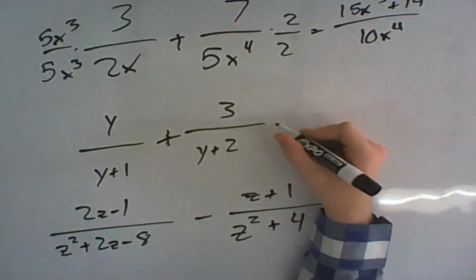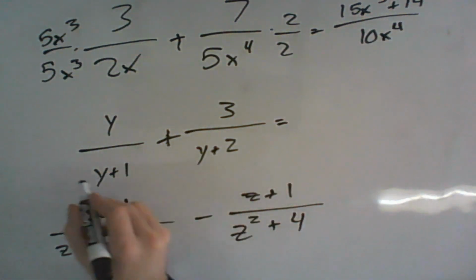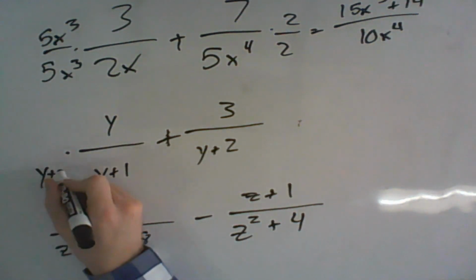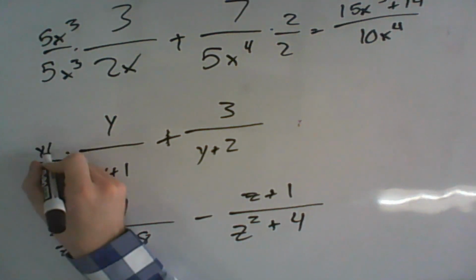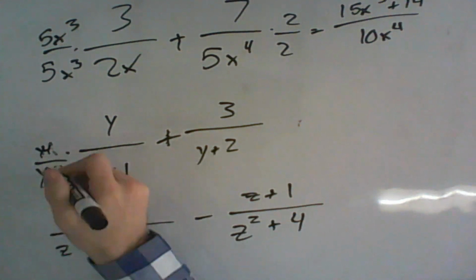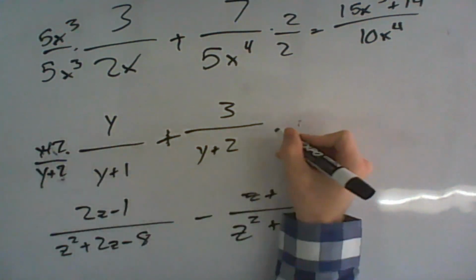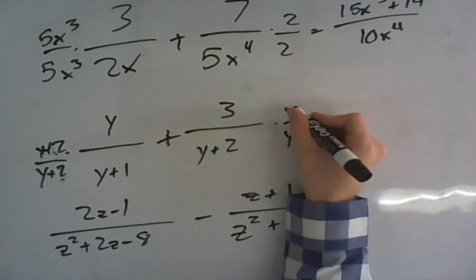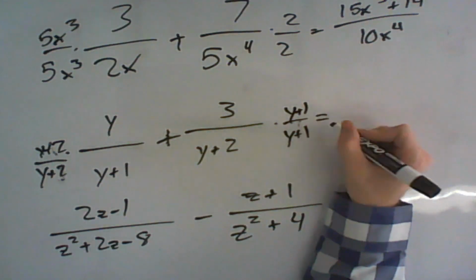Okay. This one, the denominators are two different things. They have no common factors, so you multiply. First one you multiply by y plus 2. Second one you multiply by y plus 1. So it's only if they share no common factors do you multiply them straight together.